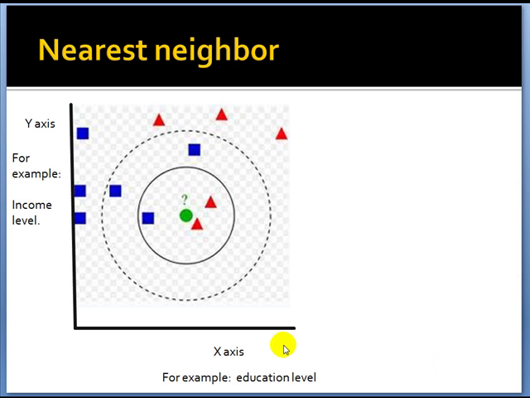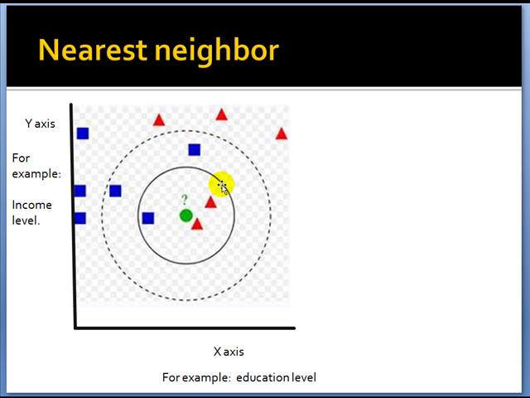So the idea of the nearest neighbor is we look at a neighborhood around this green person. This green person, by the way, has a medium education level and a medium income level. So we draw a circle around this green dot, and the radius of the circle is up to us.